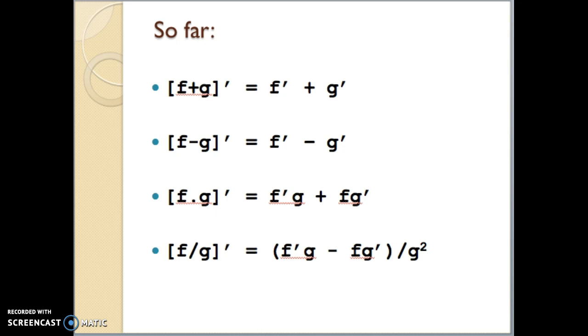F times g prime, that's the product rule, would be f prime g plus f g prime. And then f divided by g prime is the quotient rule. That is something where you will have f prime g minus f g prime, and all of that is divided by the square of the function g of x.